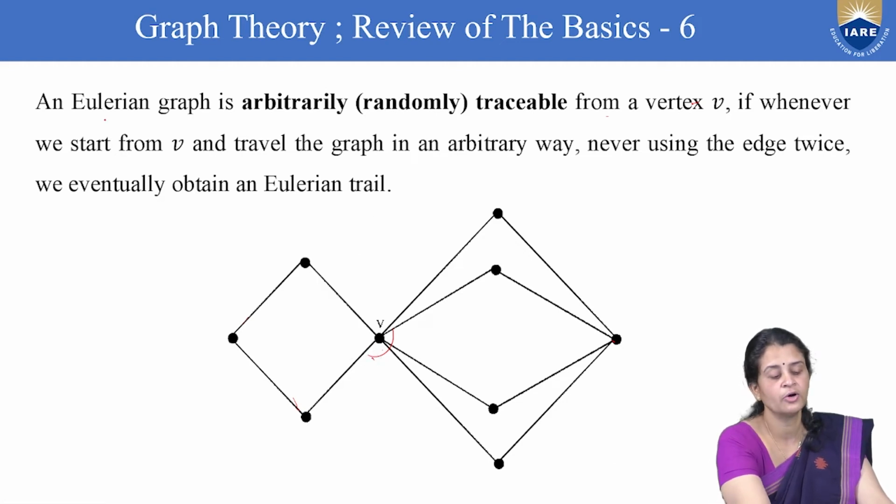So this Eulerian graph is arbitrarily or randomly traceable from a vertex V if whenever we start from V and travel the graph in an arbitrary way, never using an edge twice, we eventually obtain an Eulerian trail.